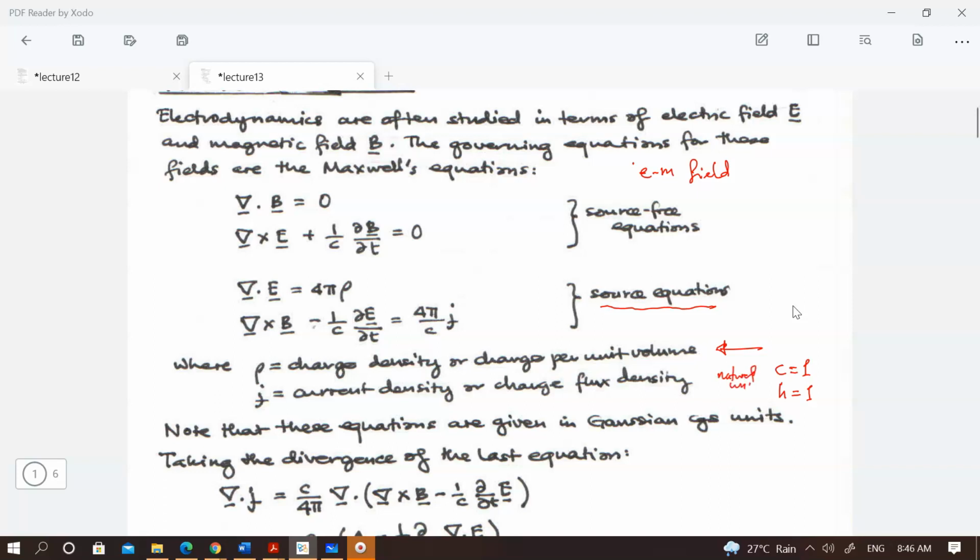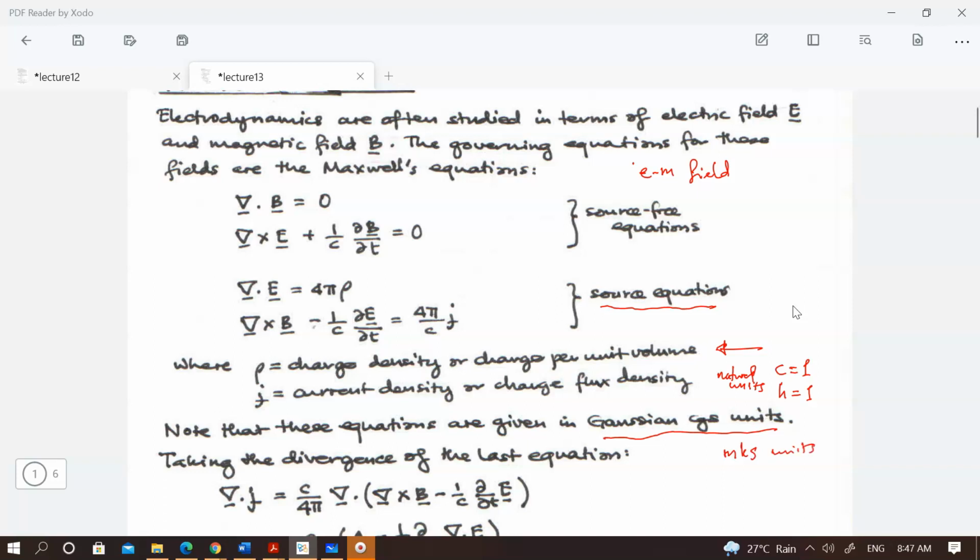And then we digressed a little bit about the units being used in electrodynamics. For historical reasons, there are two different types of units being used. One is called the Gaussian CGS units. The other one is the standard SI MKS units.